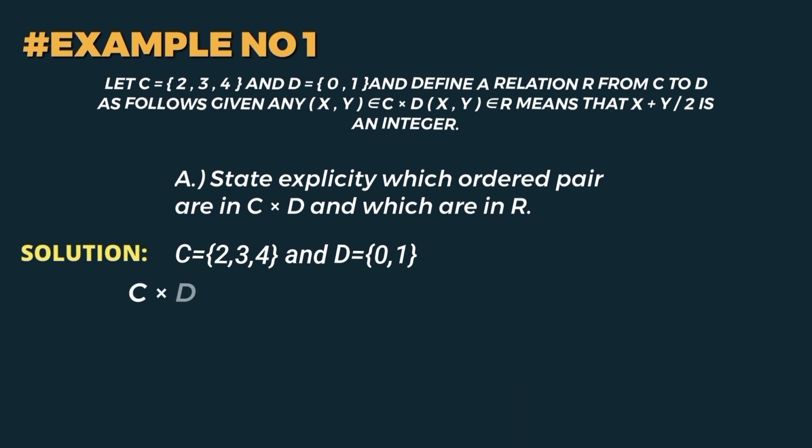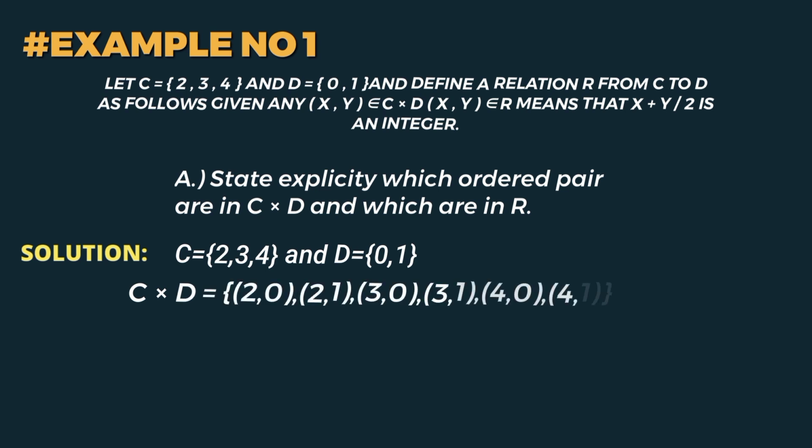We have (2, 0), (2, 1), (3, 0), (3, 1), (4, 0), and (4, 1). So this is now our answer to the first question in letter A.